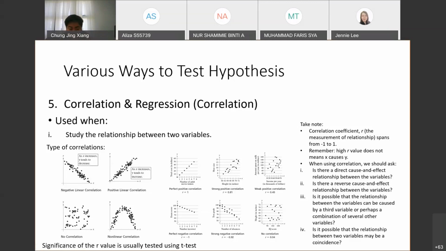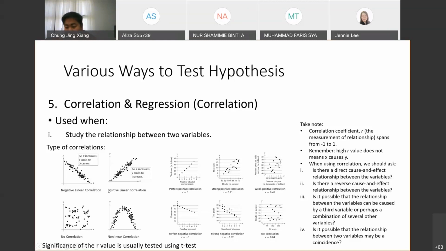So what does negative linear correlation mean? Basically, you can see from the graph that when X increases, Y decreases, and when Y increases, X decreases. So this is negative linear correlation.